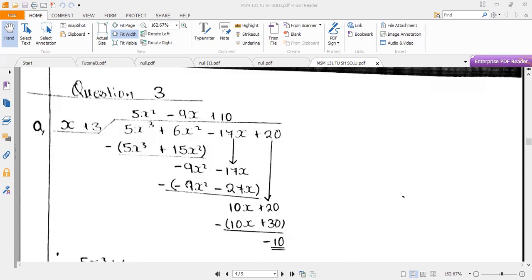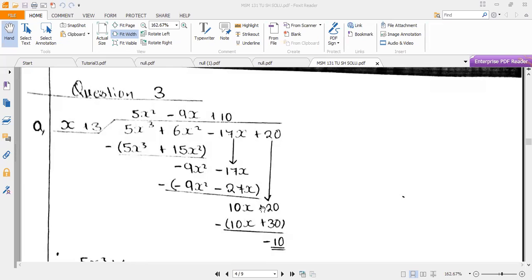So negative 9x squared plus 9x squared is 0. Then negative 17x plus 27x gives us positive 10x.